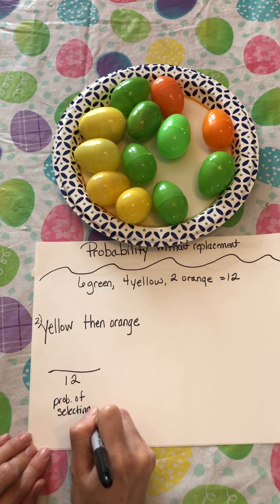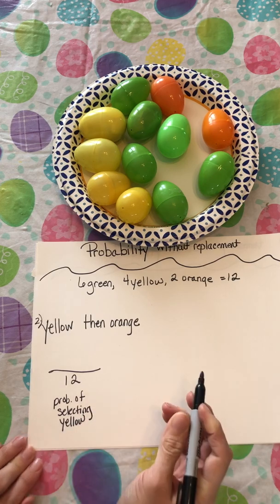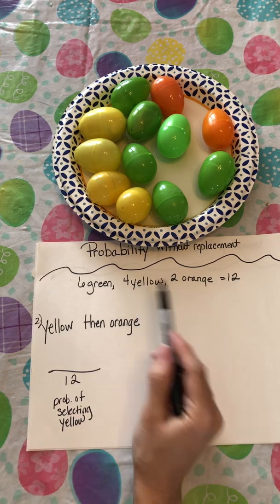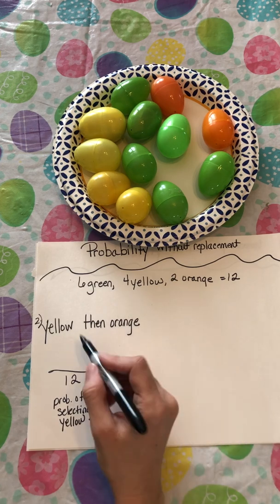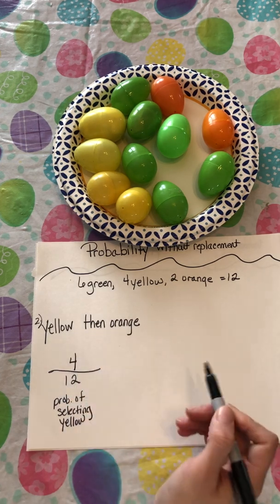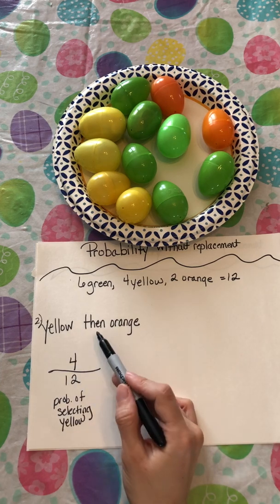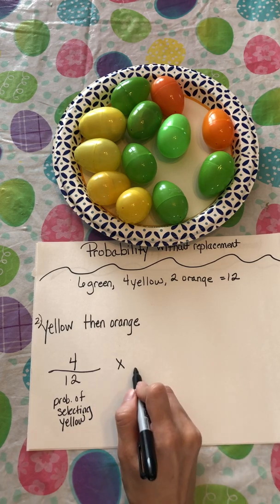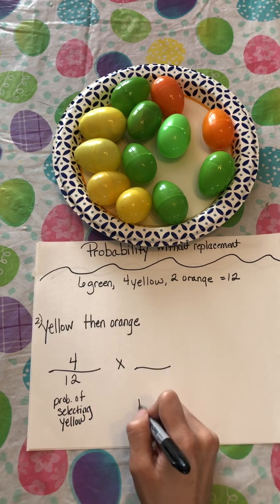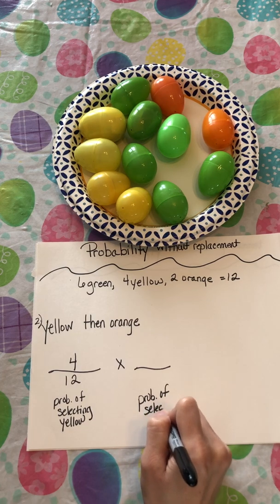So our probability of selecting a yellow is going to be the number of yellow that we have in the container. It shows we have 4 yellow in the container. Then orange. So we're going to multiply by the probability of selecting orange.